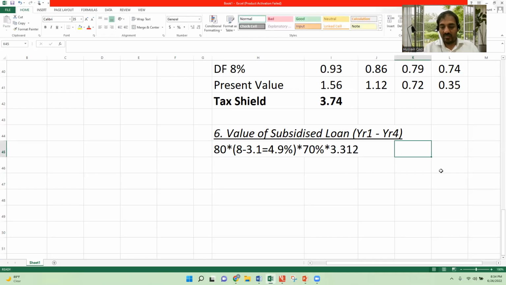So this is the complete working. 80 into 4.9% into 70% multiply by 3.312. That is 9.08, or 9.09. This is the value.